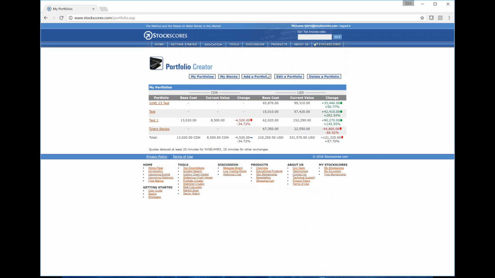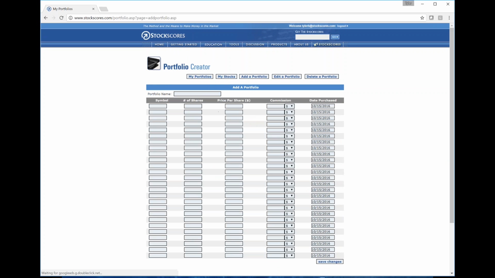Let's create a new portfolio. This isn't my portfolios. I don't have them in this demo area. So we're going to go add a portfolio, and we are going to add GNLG. Oops, sorry. This portfolio name will be October 15th test.